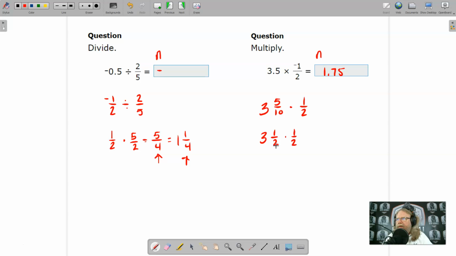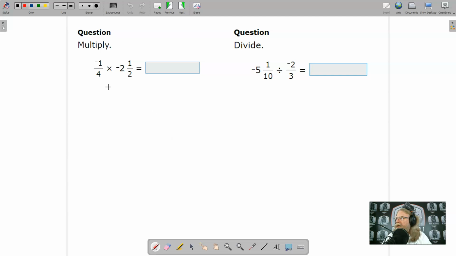Now I could do 2 times 3 is 6 plus 1 is 7. Now 7 over 2 times 1/2. And then I end up with 7 times 1 is 7. And 2 times 2 is 4. 4 will go into 7 once with the remainder of 3. And the denominator stays the same at 4. So I would end up with a mixed number of 1 3/4. Either of these would be a correct answer for this activity.